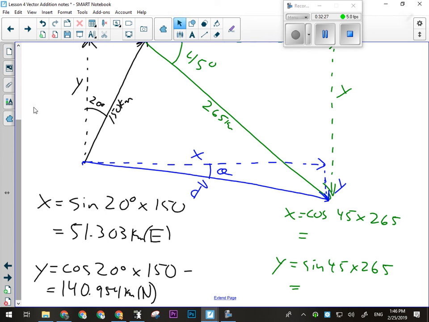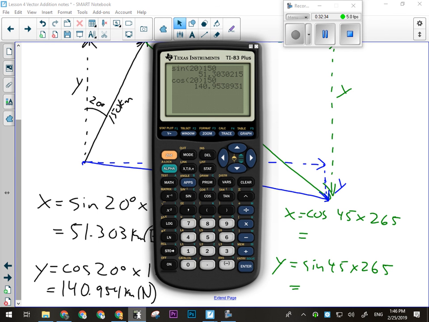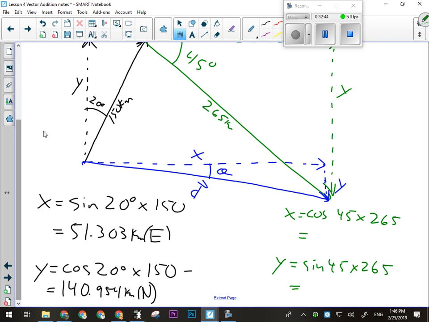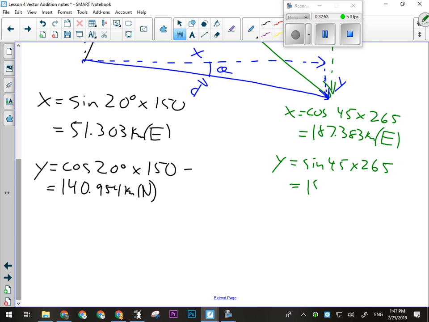And then I've got to do the same thing for my green triangle. So x we already said is going to be the cos of 45 degrees, so cos of 45 times 265. That's 187.383 kilometers east. Since it's a 45-degree angle, the sine of 45 is the same number, so y will be 187.383 kilometers south. So I've got those all set up now.